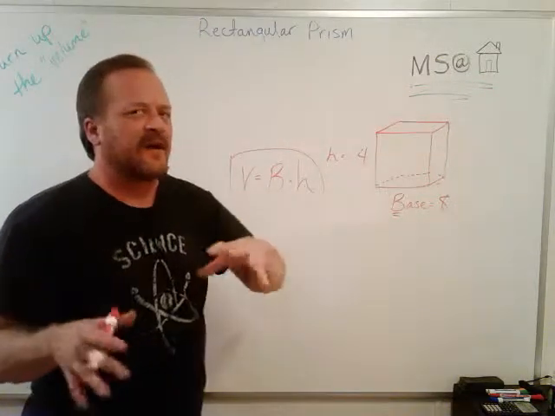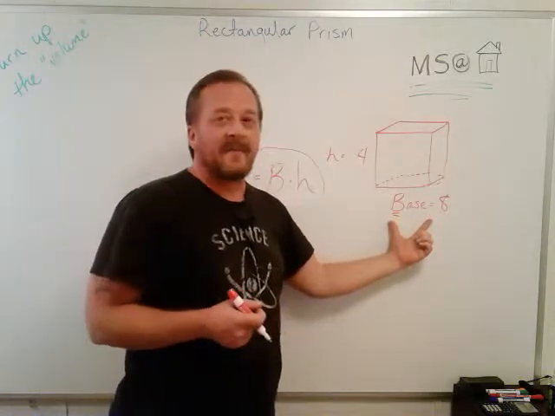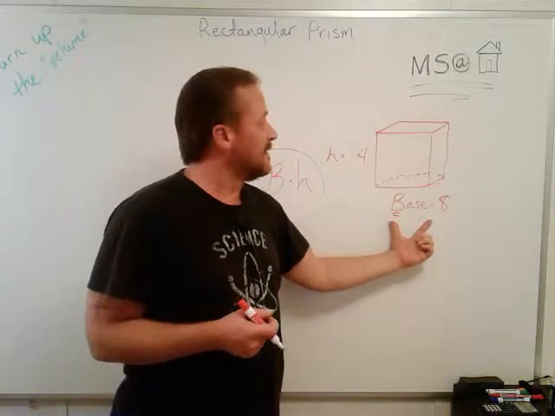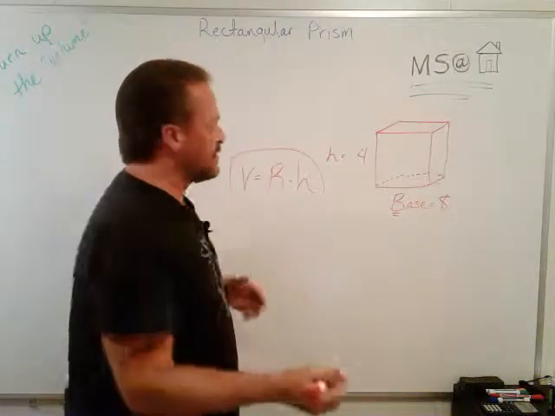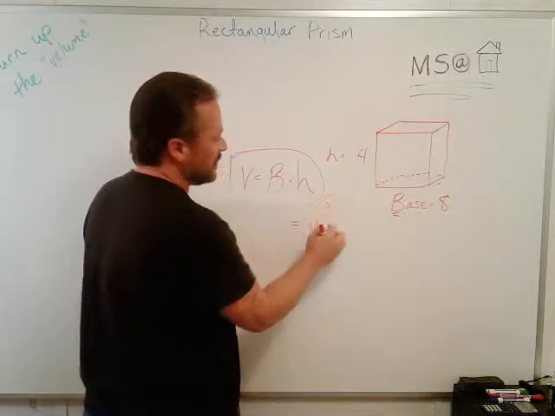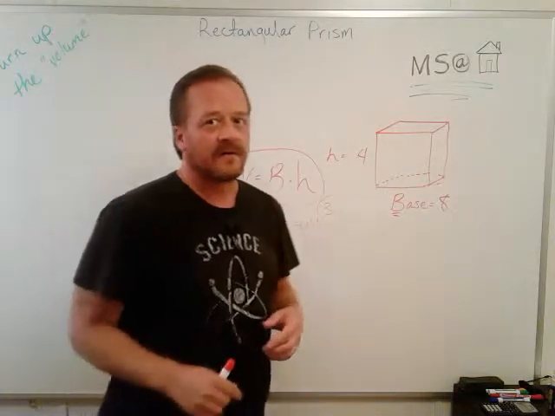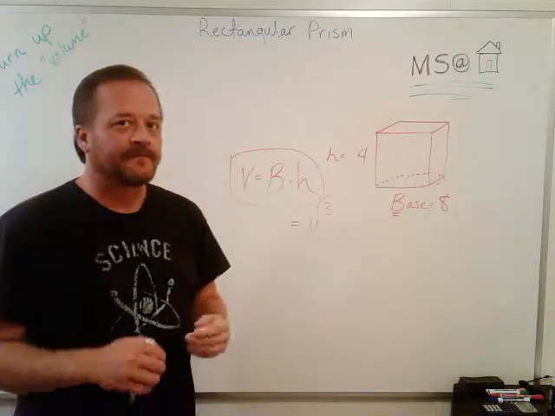Now, don't get ahead of ourselves too much, okay? I just want to make sure that you recognize that if they give you a big B base and a height, just multiply those two together and you have got your answer in units cubed. Don't forget the cubed, okay? Because all we're doing is figuring out how many cubes are inside of that shape.